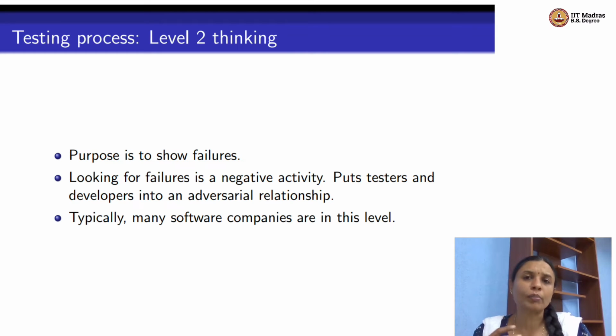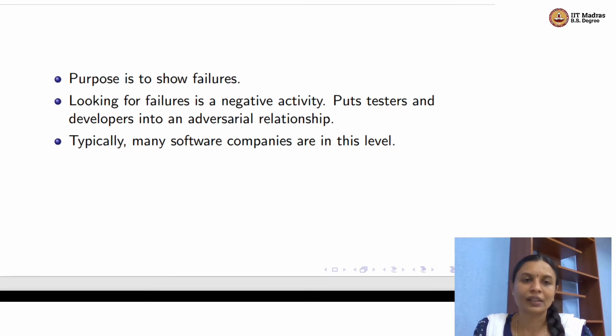Their processes are not mature enough to say that finding errors while testing is good for your software, because you can rectify them and ensure that it's correct. So while they consciously realize that the purpose of testing is to find errors, it's not yet mature enough to accept testing as a robust, rigorous process to find and eliminate errors.